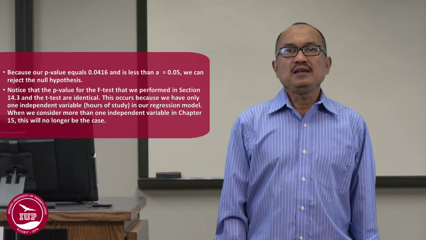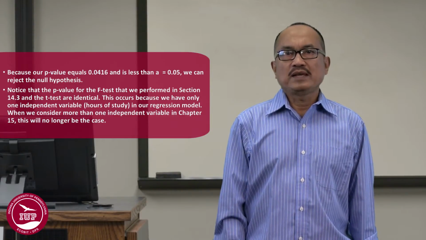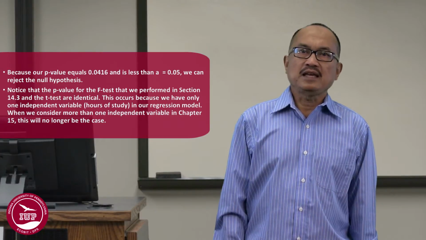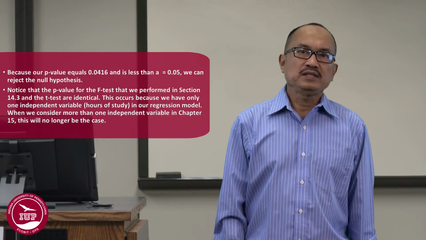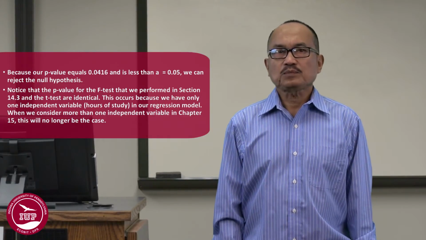Because our p-value equal to 0.0416 is less than alpha equal to 0.05, we can reject the null hypothesis.